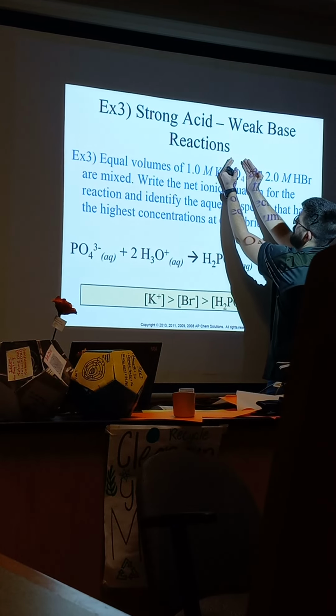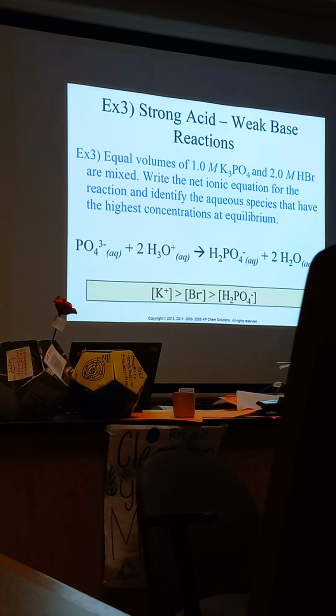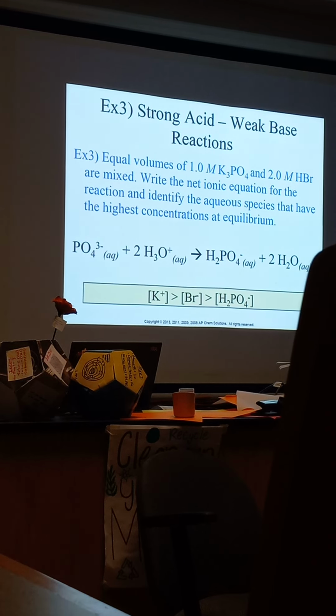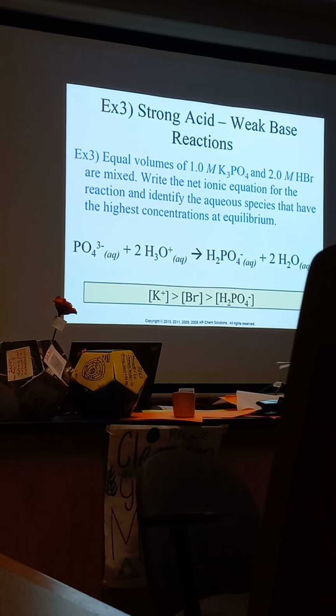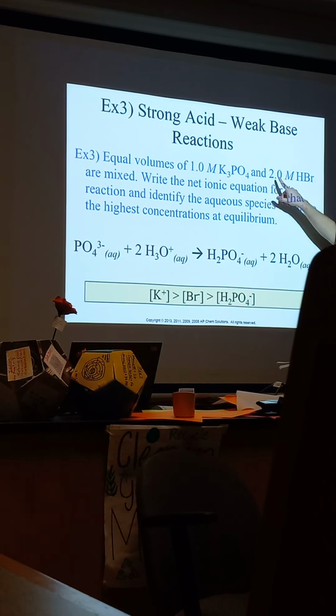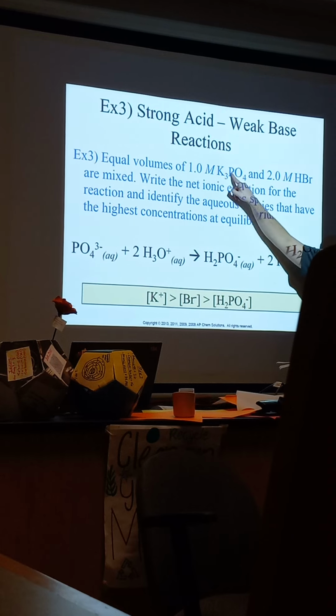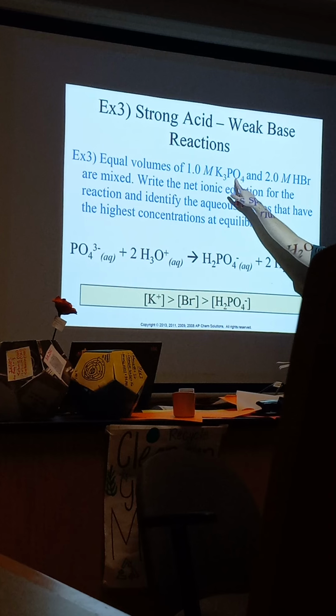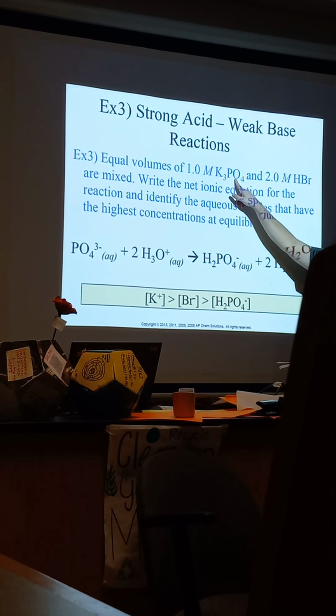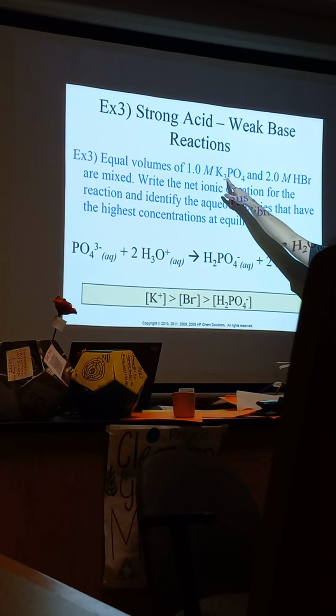And as far as PO4, guys, how many is there? Just 1. Does that make sense to everyone? Right here, guys, there are 3 Ks, and so when this dissolves, how many PO4s are dissolved? Just 1. But how many Ks?